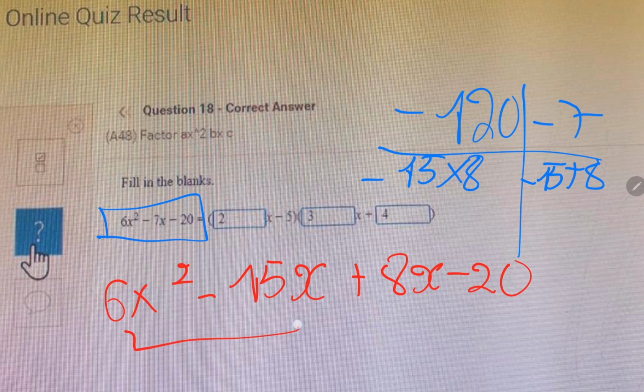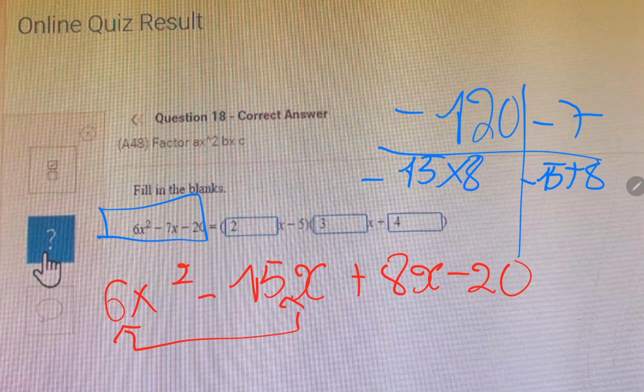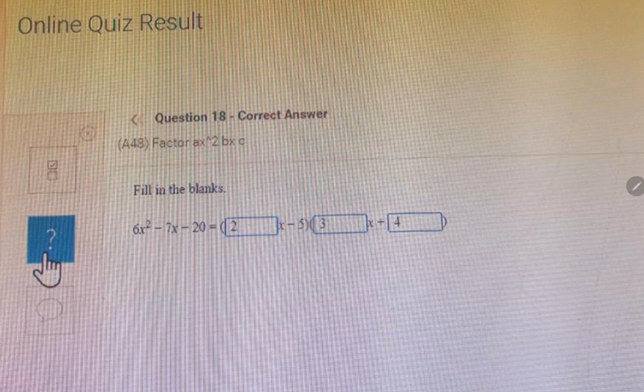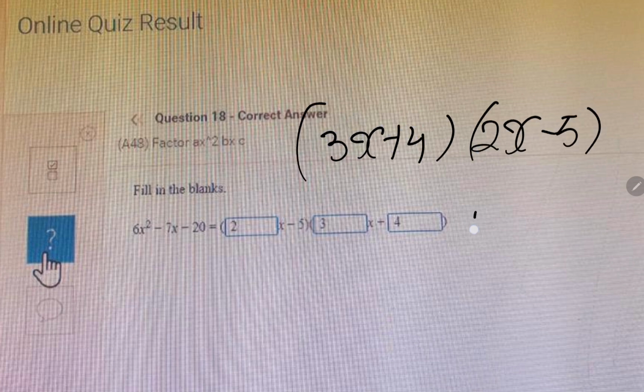So we're gonna here take out the common factor, which is 3x, and we're gonna leave behind 2x minus 5, and here we're gonna take out the common factor, which is 4, and we're gonna leave behind 2x minus 5. So that means our final answer is 3x plus 4 times 2x minus 5. Done.